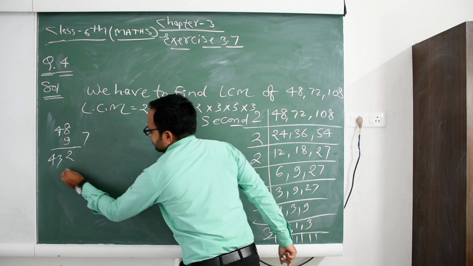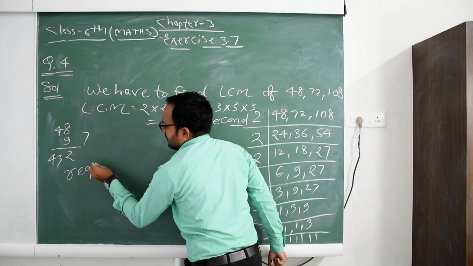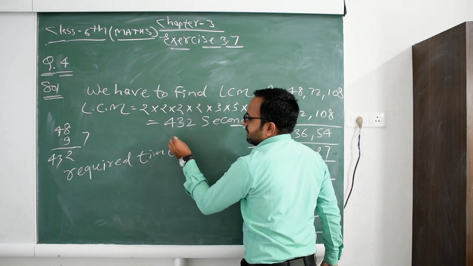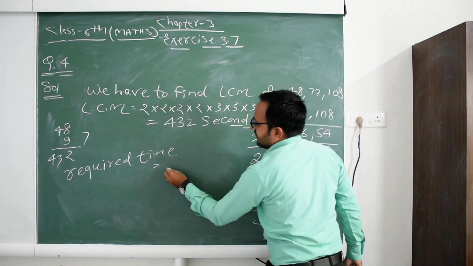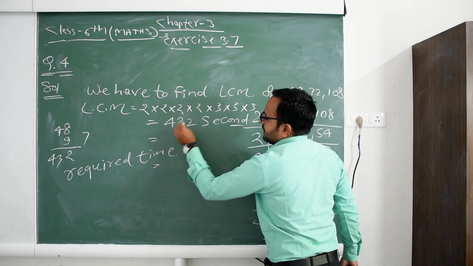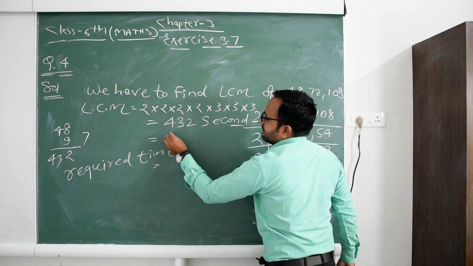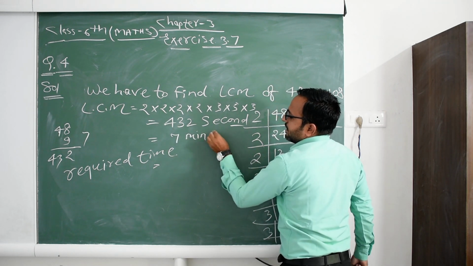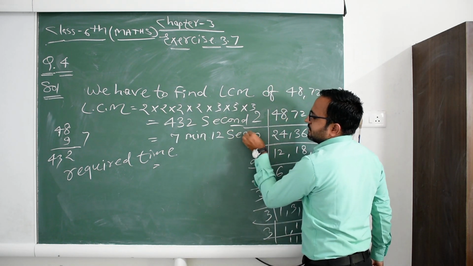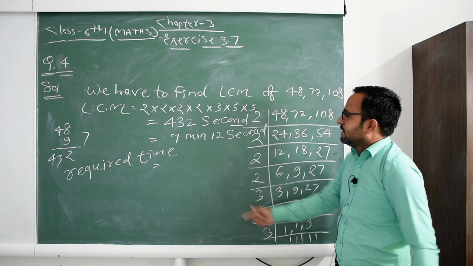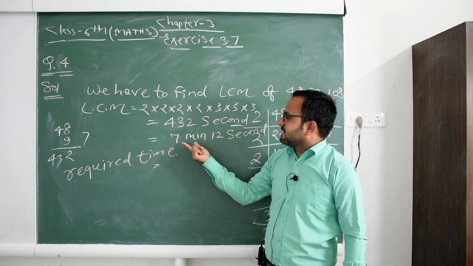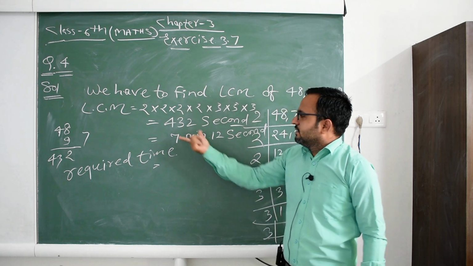So the required time is equal to, now we convert this number into minutes, that means 7 minutes and 12 seconds. Now we convert 432 seconds into minutes, that means 7 minutes 12 seconds.